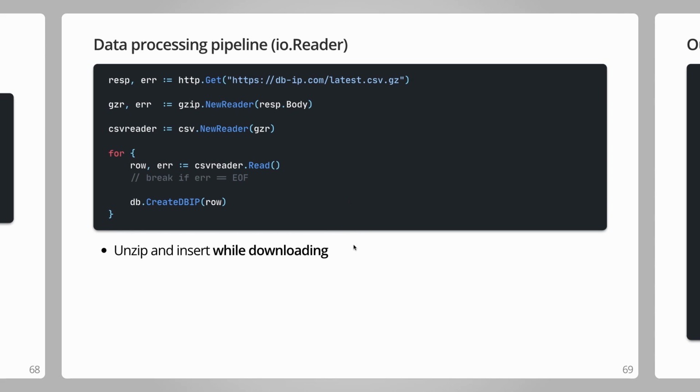And as mentioned, all of these functions implement the IO reader interface, so they are working together very well. And just to make sure, this does not first download the entire file, then unzip it, then decode it, and so on. This is basically like a pipeline. So we're unzipping and inserting the rows while we're downloading the CSV file.